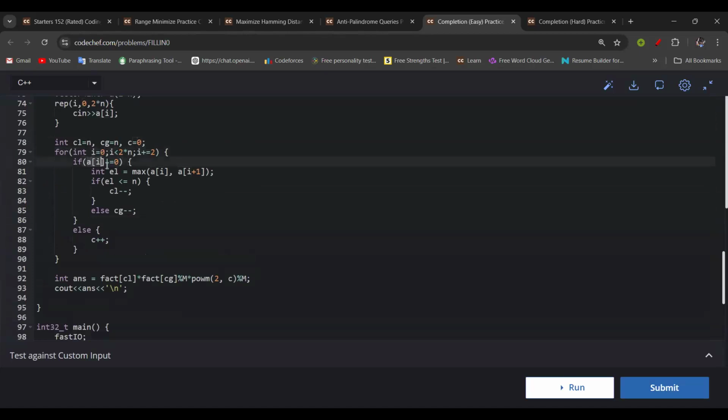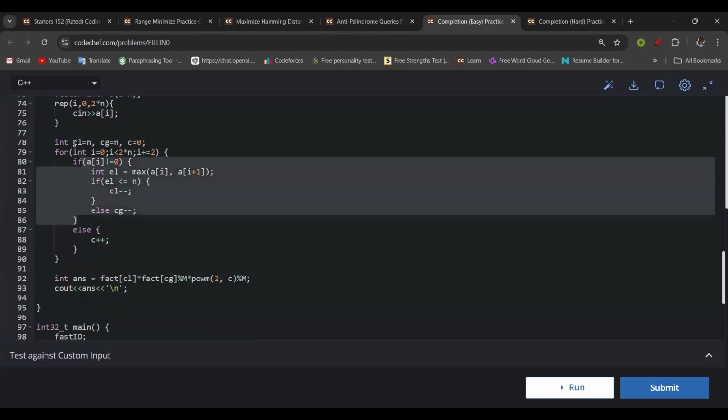Okay, so if that is known, meaning it is not equal to zero, then I'm taking the element A[i] only. If that is less than or equal to n, then CL minus minus, otherwise CG minus minus. Basically, I'm checking if that known value falls in my lower range or greater range. If that falls in my lower range, then I would say CL minus minus, otherwise CG minus minus.